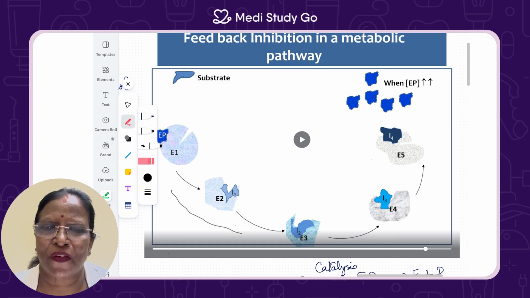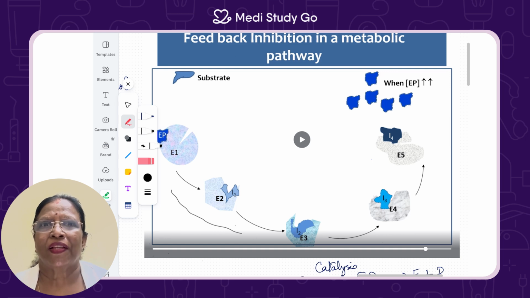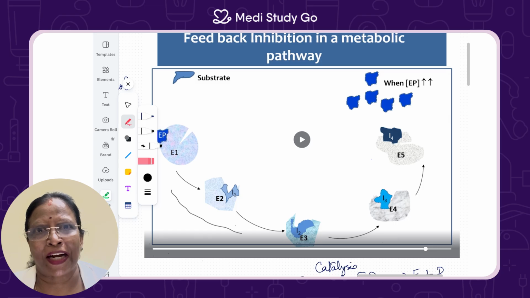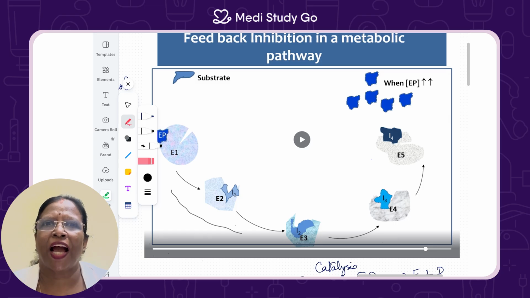Once the concentration of the end product inside the cell becomes less, then the end product will leave the site, the enzyme goes back to the active state, and the reaction will continue. So this is an example of feedback inhibition or end product inhibition.